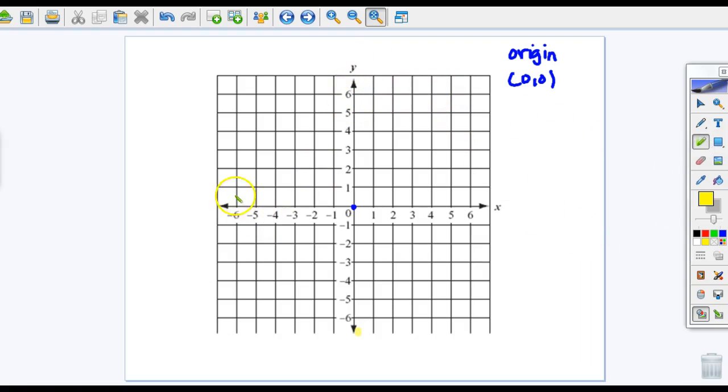And the axes, we have the x-axis, which goes from left to right, or right to left. Okay? So the x-axis is a horizontal line, and it goes from left to right.